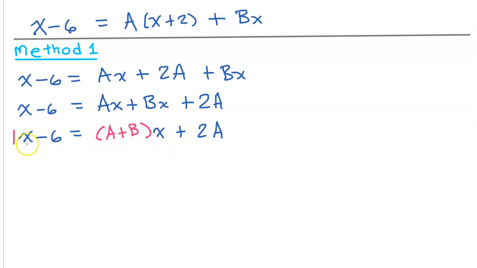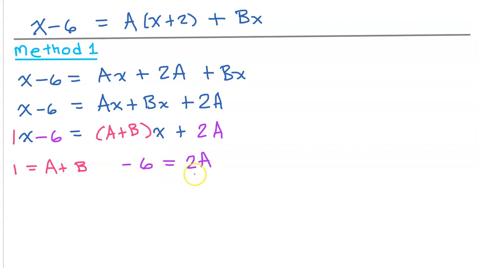The coefficient of x on the left is 1, and the coefficient of x on the right is a plus b. That means 1 must equal a plus b. Also, on the left, the constant coefficient is negative 6, and on the right, the constant coefficient is 2a. That means negative 6 must equal 2a.